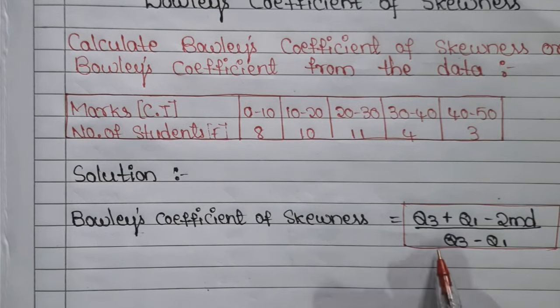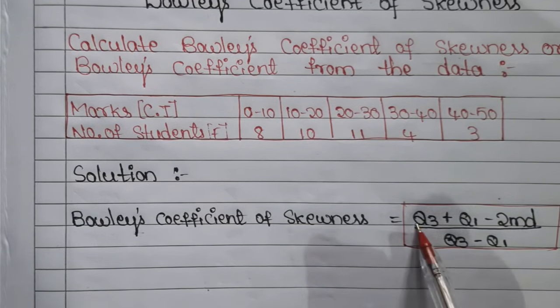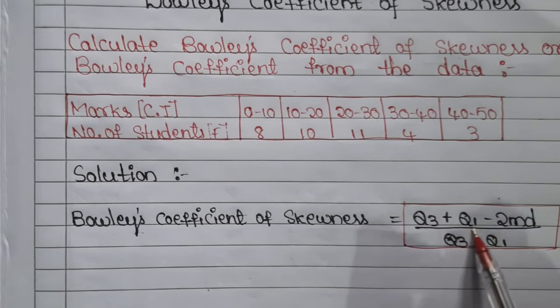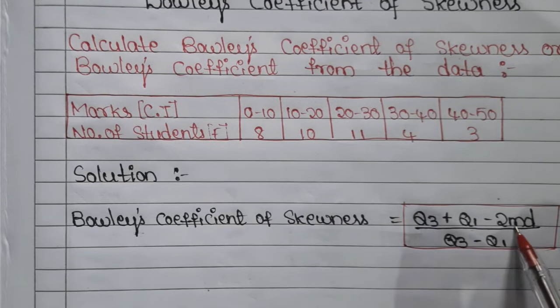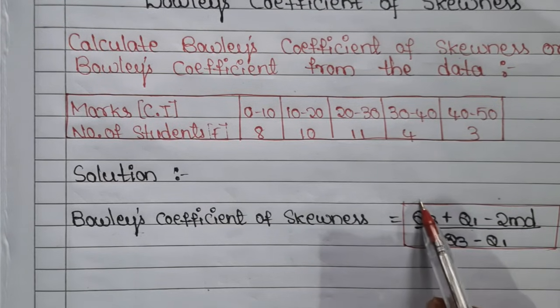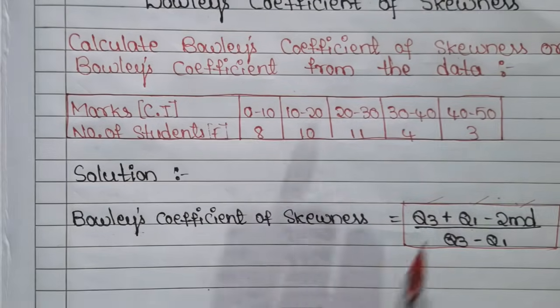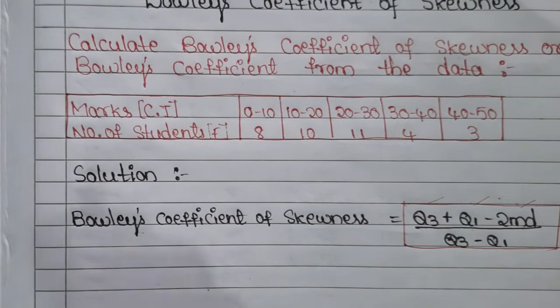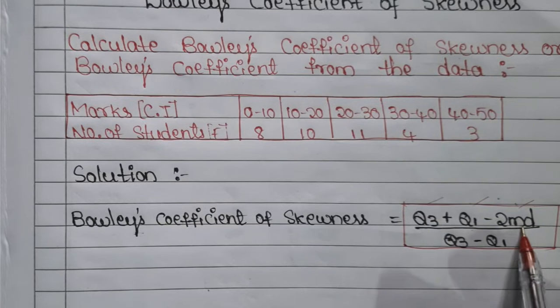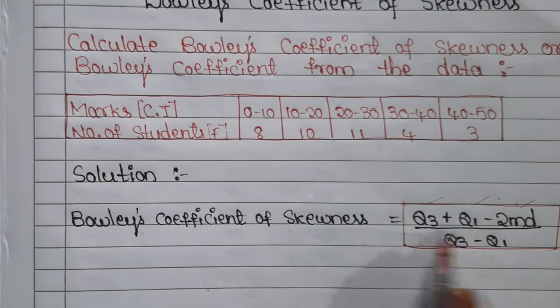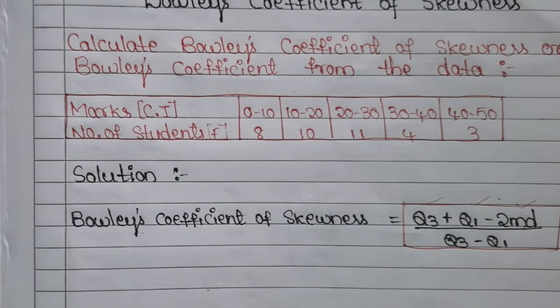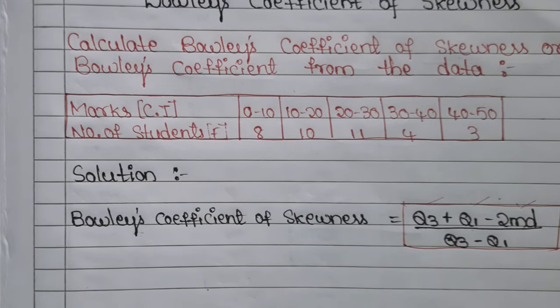So remember this formula. We will find Q3 first, then Q1, then the median. After finding these three, we can easily find Bowley's coefficient of skewness in this problem. So let us get started.